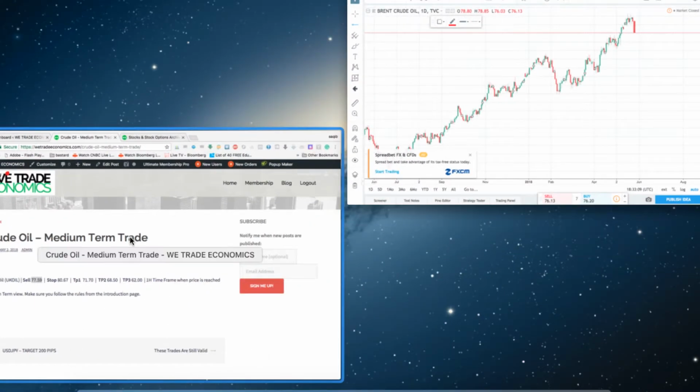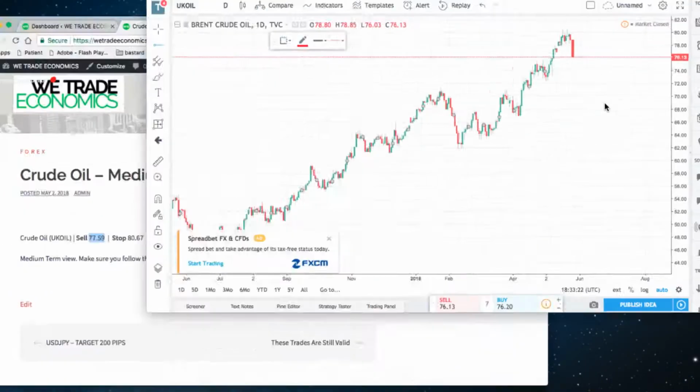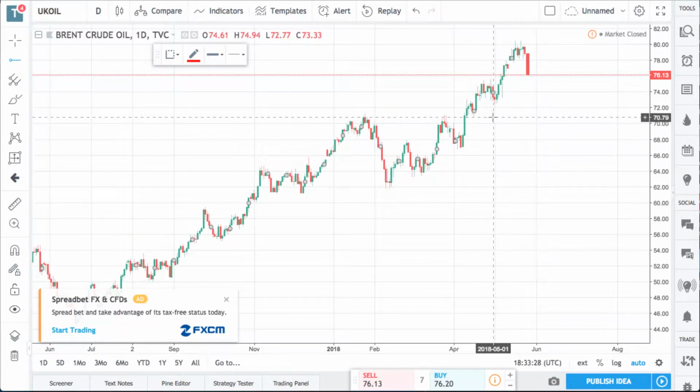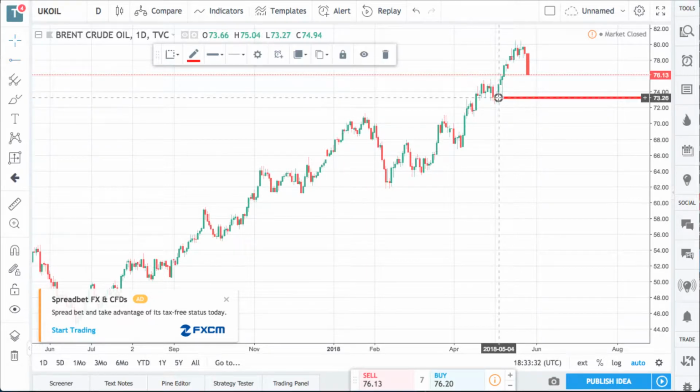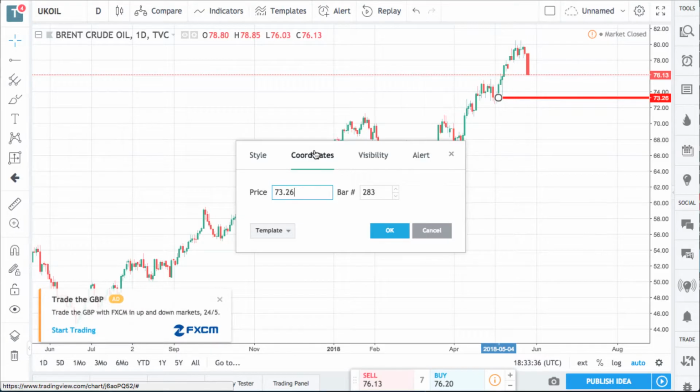The trade was given on 2nd May, right here, this area, and let's get the values in.